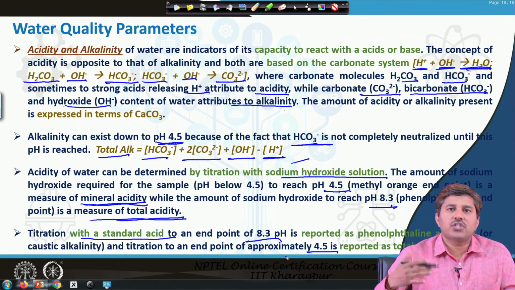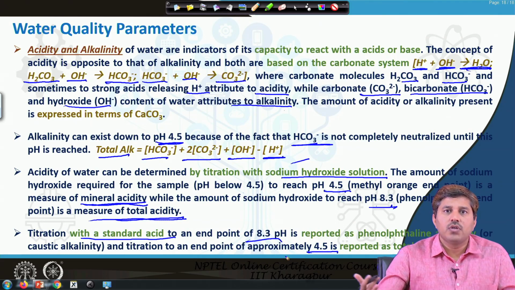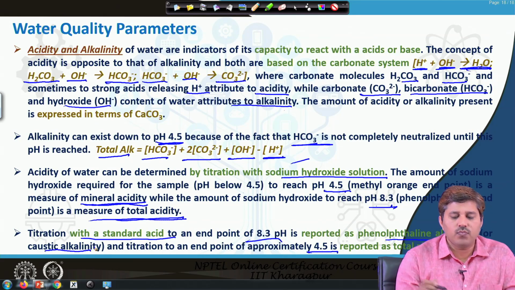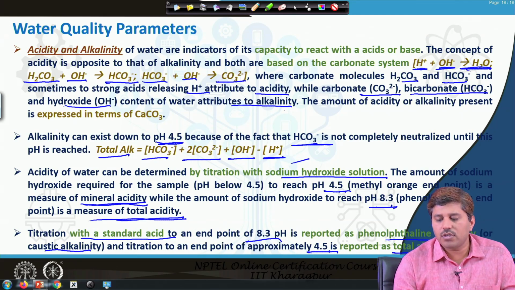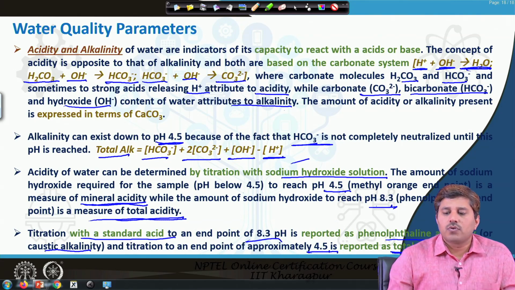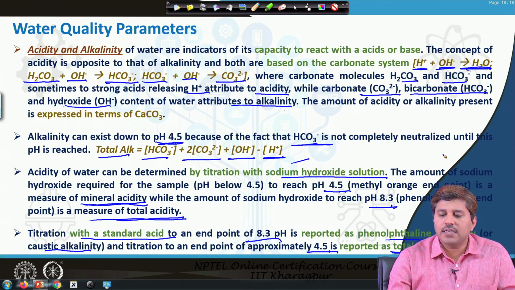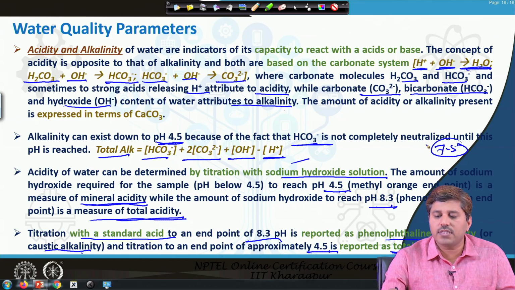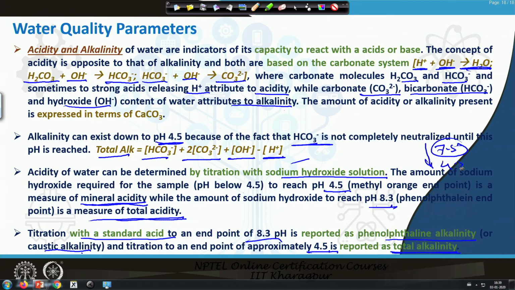Similarly, if the pH of the water is higher than 8.3, we bring it down to 8.3, which is reported as the phenolphthalein alkalinity, or basically the caustic alkalinity, and then we titrate it to 4.5 in order to get the total alkalinity. So, let us say we have water of pH 7.5, that means it does not have any caustic alkalinity, it can only have the total alkalinity when we titrate it down to 4.5.